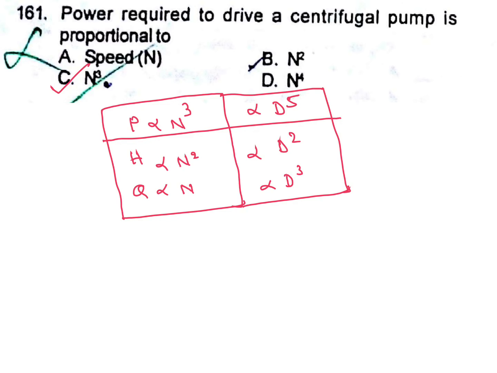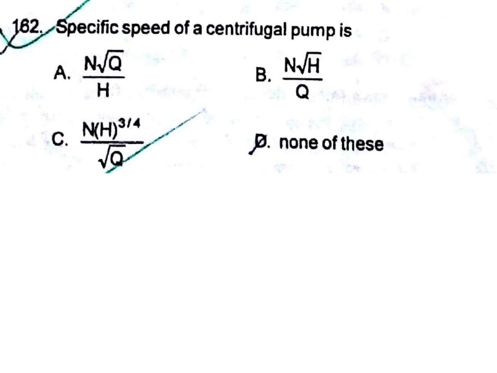Specific speed of a centrifugal pump. Both pump and turbine, they are very useful. For turbine, specific speed is N root P by H to the power 5 by 4. For pump, N root Q by H to the power 3 by 4.